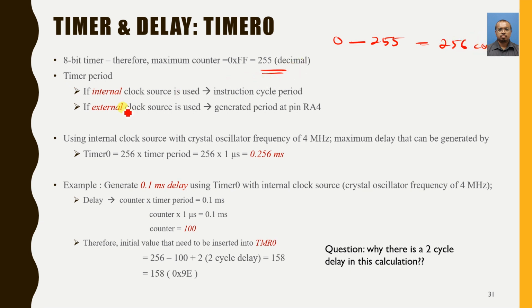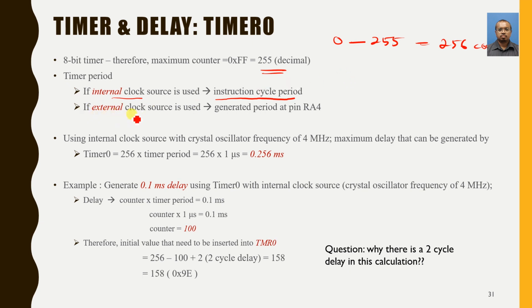Right, so for the timer period, if you choose the internal clock, then it will use the instruction cycle period. Remember, the instruction cycle is 1 over the frequency, times 4.